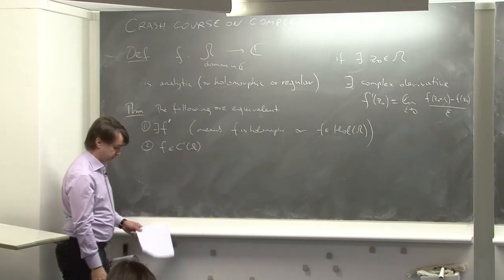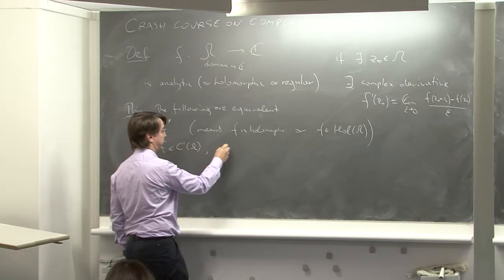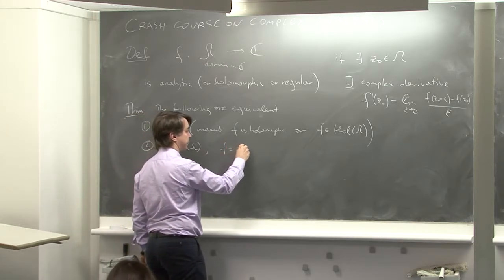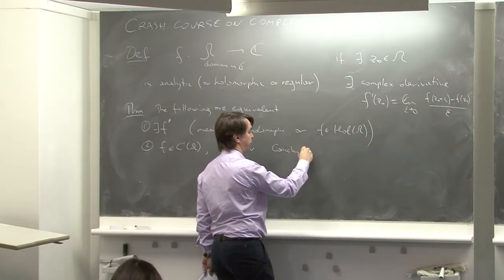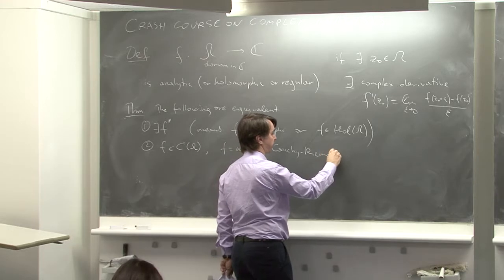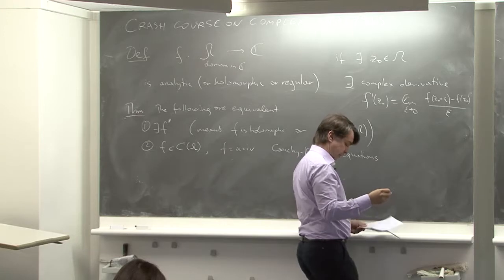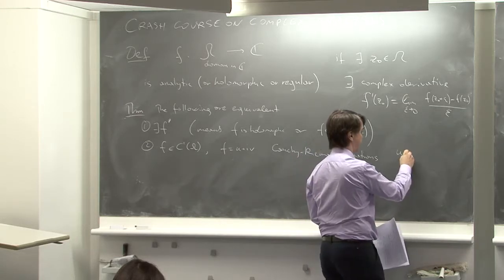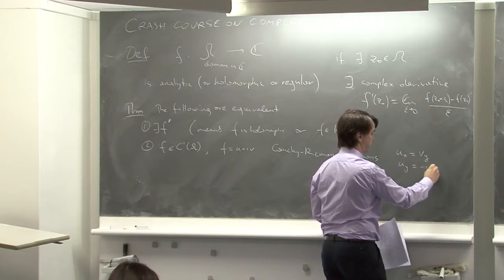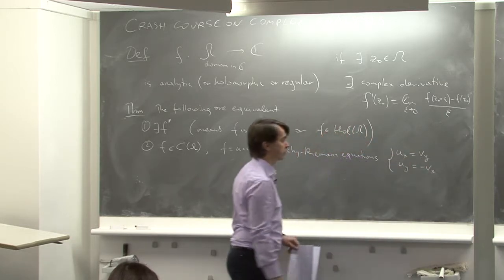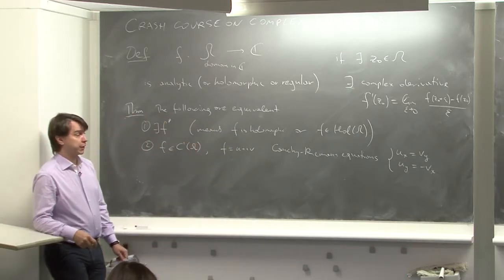So there are derivatives with respect to x and y, and you write f as u plus iv, two functions, and then there are the Cauchy-Riemann equations, whose sign I can never remember. ux is equal to vy, and uy is equal to minus vx. So those are derivatives. So that's often how things are defined.